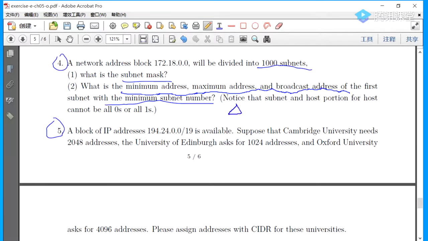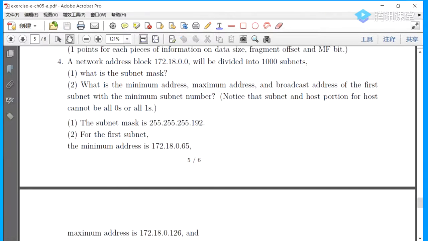Notice that the subnet and the host portion cannot be all 0 or all 1 bits. How to determine these values? I will illustrate how to solve this kind of question.